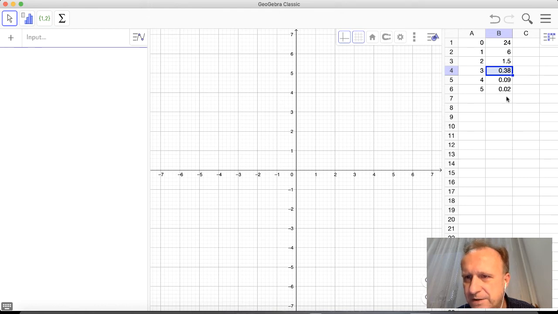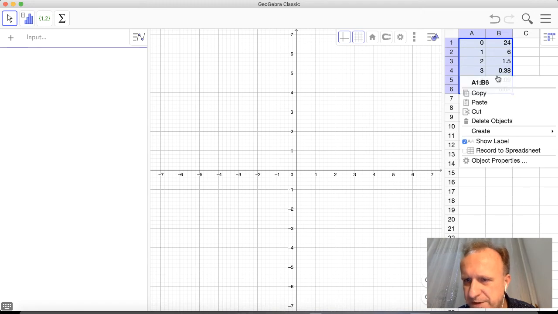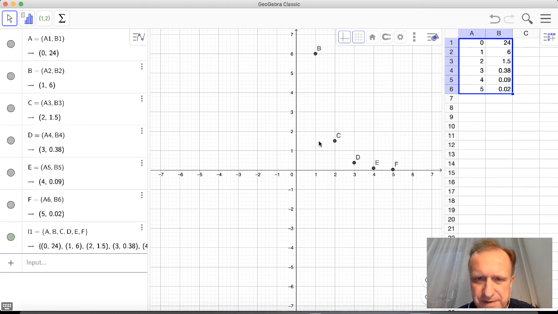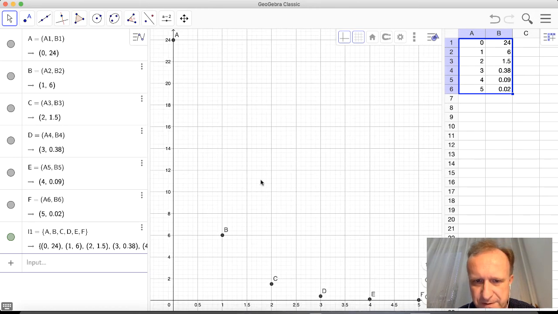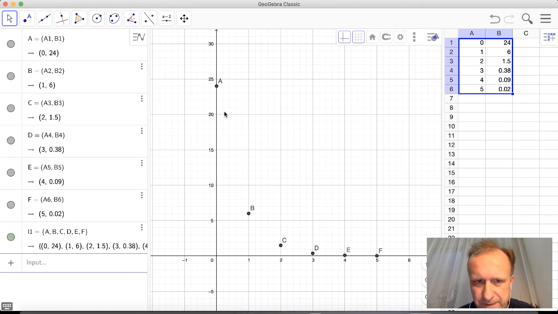So these are the currents, and we have to show the graph. So let me include these as points. I will create a list of points, and these are included here. And now let me zoom to fit. So here we are, 24 as the initial value, and here are the decreasing values of current.